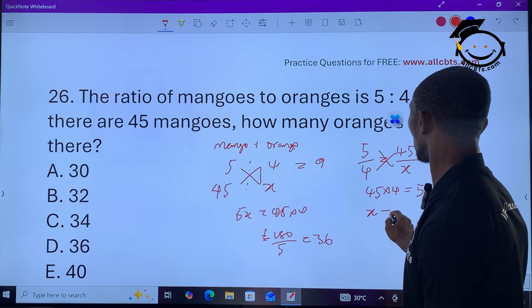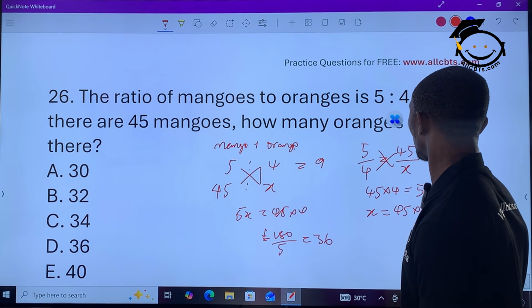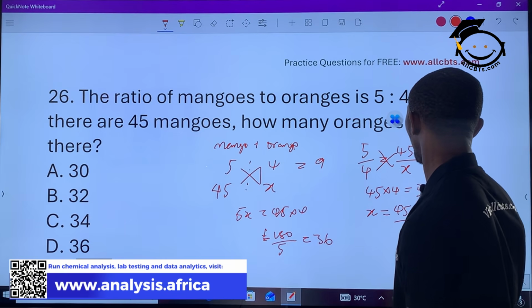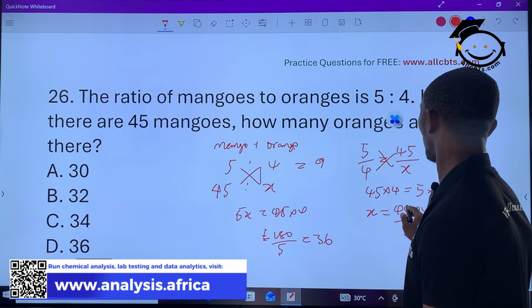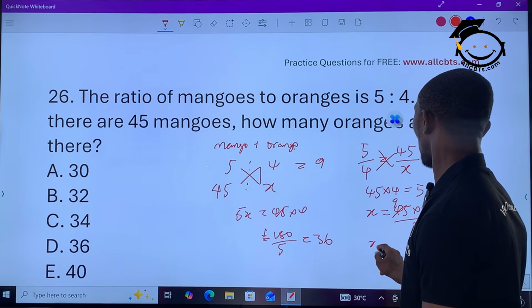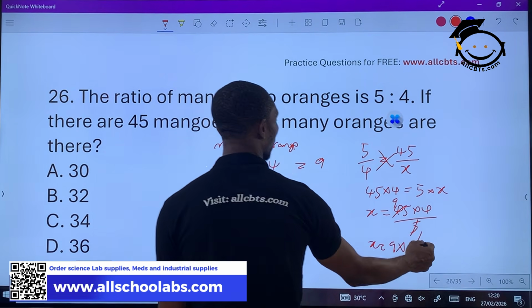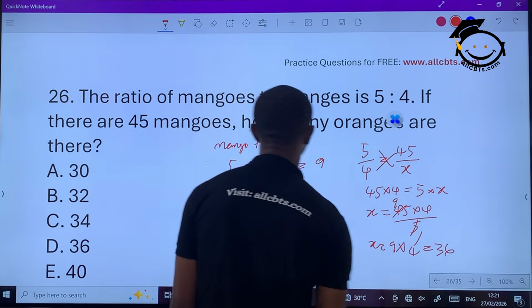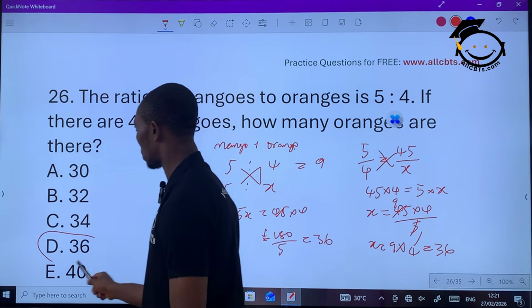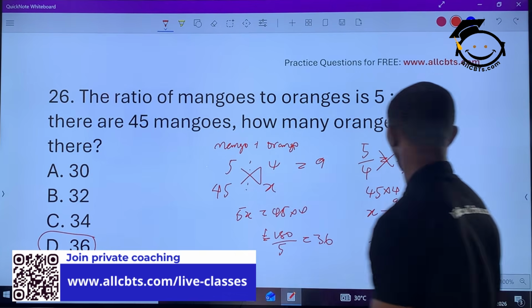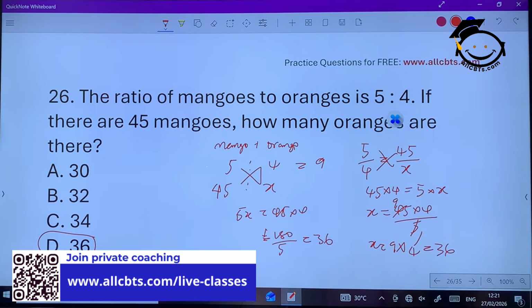So x equals 45 times 4 all over 5. 5 here 1, 5 into 45, 9. x equals 9 times 4, which gives us 36. So that's why we have 36 oranges in the basket.